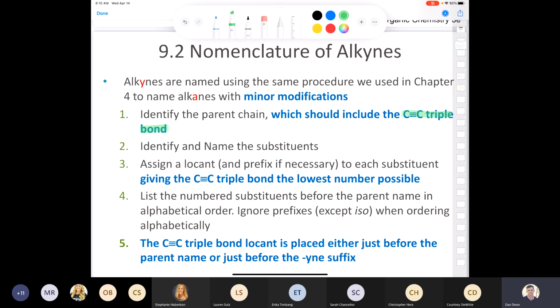Then you're going to identify these substituents: bromo, fluoro, chloro, iodo, methyl, ethyl, propyl, butyl, so on and so forth. You're going to assign a locant and a prefix if it's required, if you have mono, di, tri, etc. For every substituent, you want to give the carbon-carbon triple bond the lowest number possible.